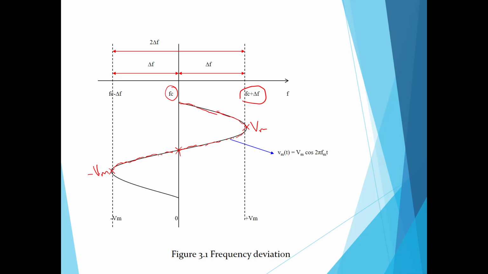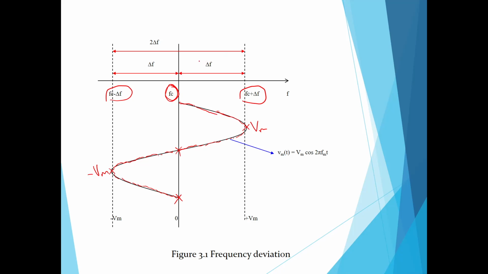What happens to the carrier frequency? The carrier frequency would be at minimum, which is Fc minus delta F. And then the amplitude of the input message changes again towards the 0 crossing, so the carrier frequency becomes Fc again, the rest frequency.